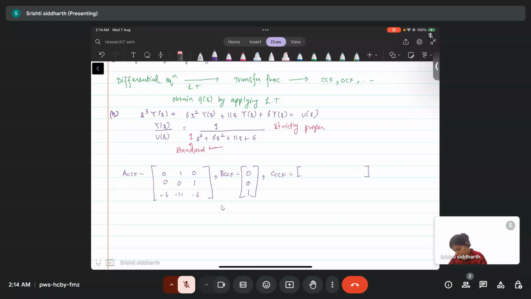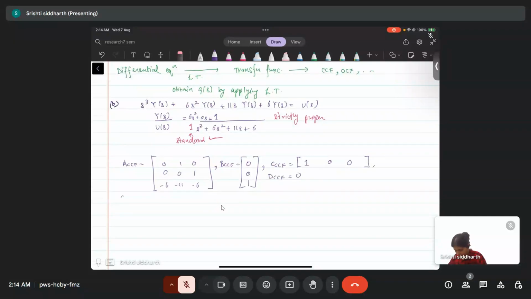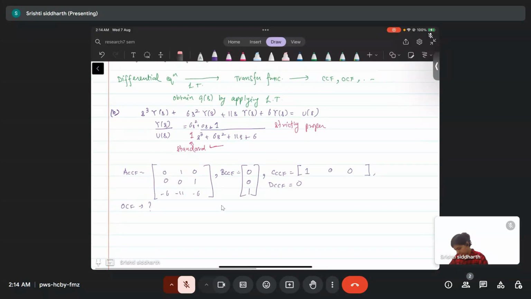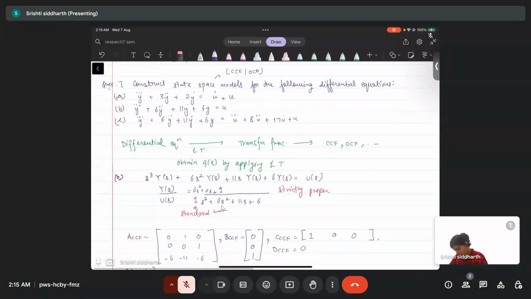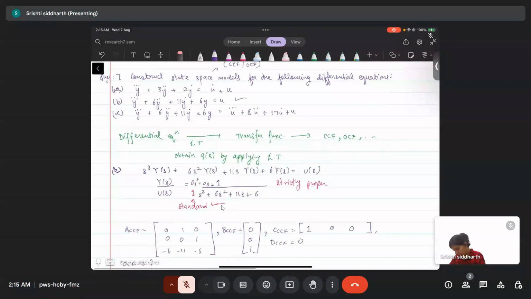We have b0, then 0 and 0. So this is going to be the C vector, and of course D CCF is just 0. You can just obtain the OCF forms similarly.